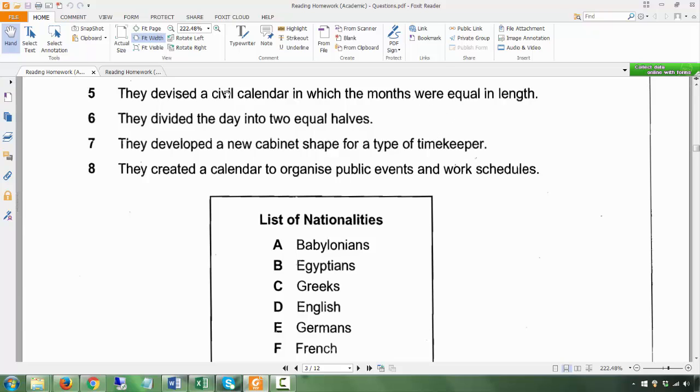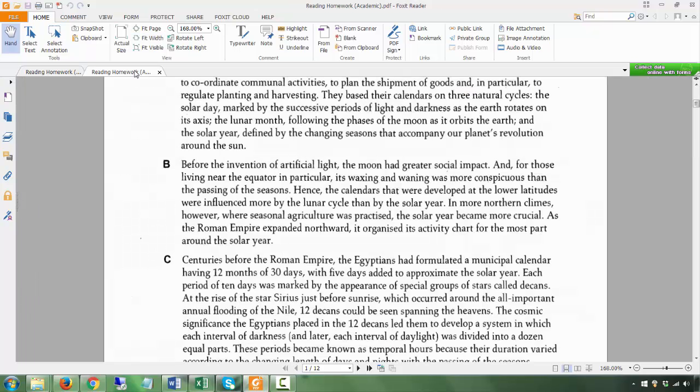Civil calendar. What is civil? Civil means local, of the community, which has a pretty similar meaning to municipal. Again, you need to understand the meanings of different words, and as I mentioned, IELTS reading is in a sense a test of your vocabulary.